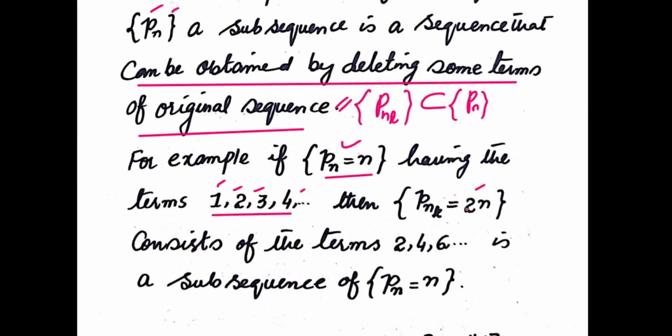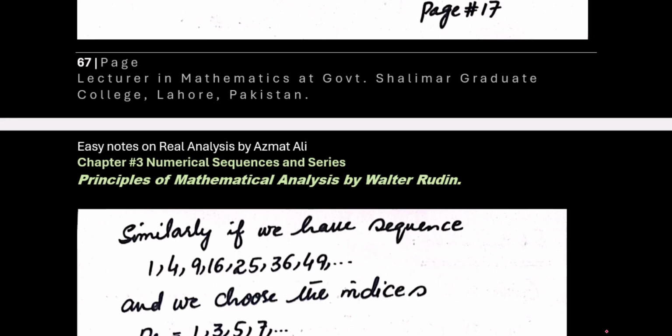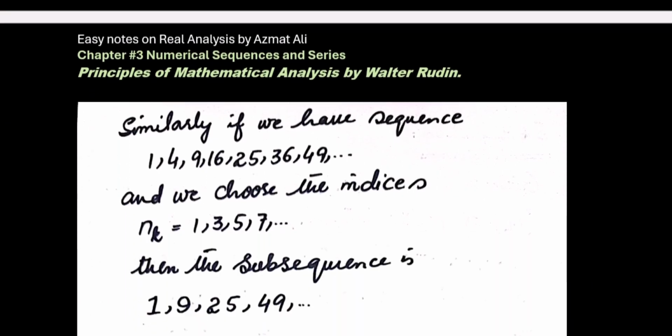In other words, Pnk is the set of even integers. So this Pnk consists of the terms 2, 4, 6. So this is a subsequence of Pn equal to n. This is the first and simple example of a subsequence, and I hope you are now clear about the concept of subsequences.